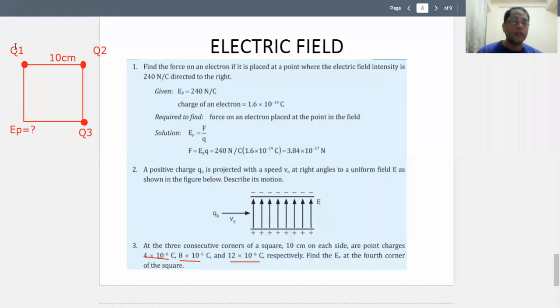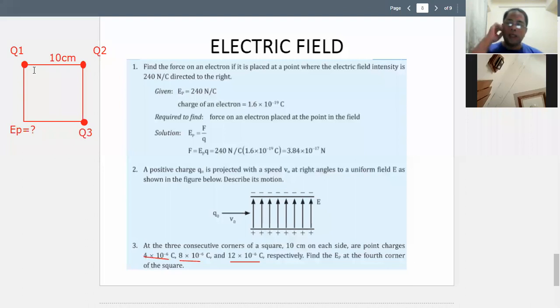So the first one will have an electric field. If it is a positive charge, is it repulsion or attraction? Where's the direction of our field?